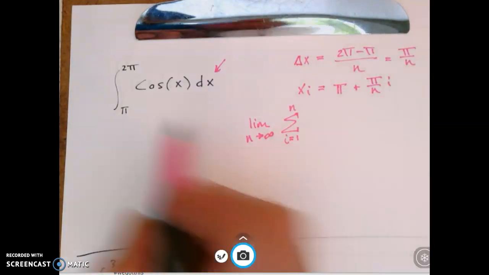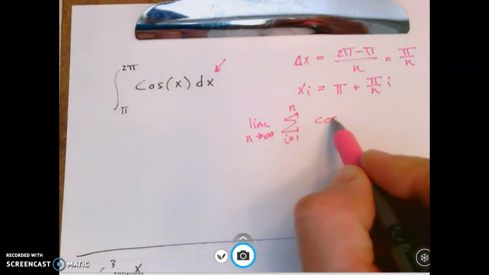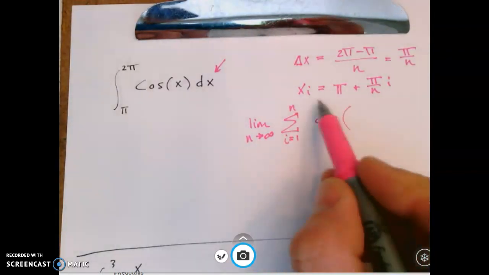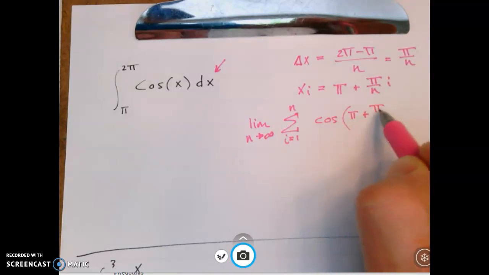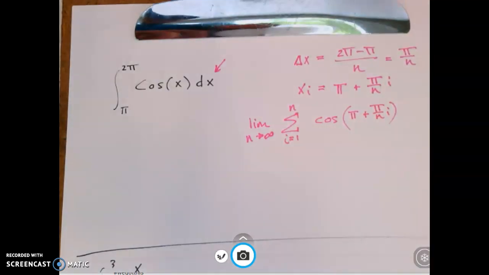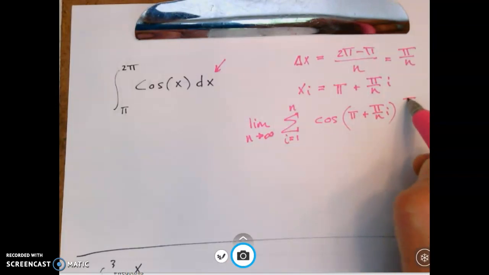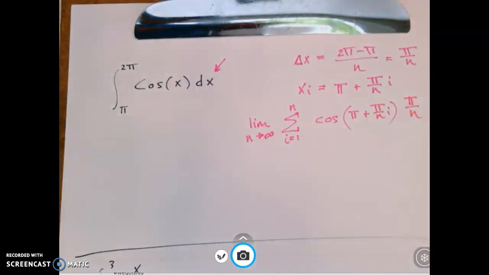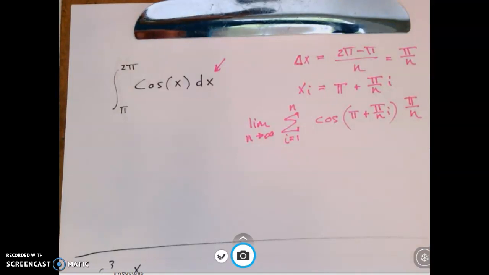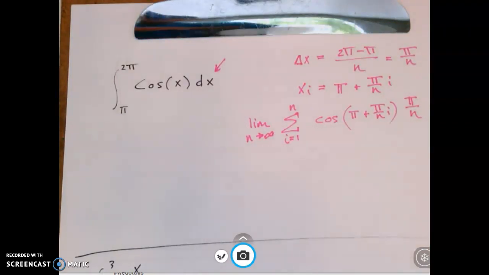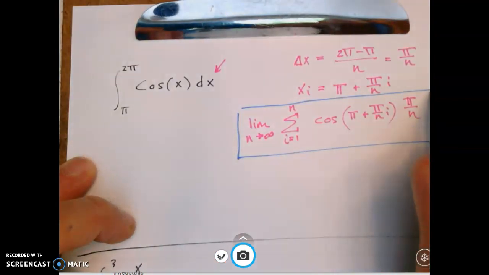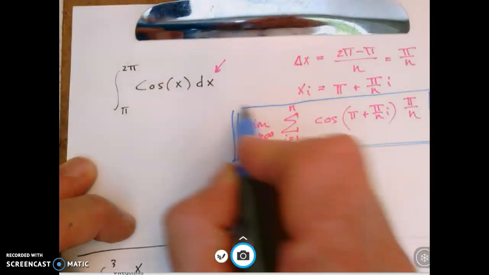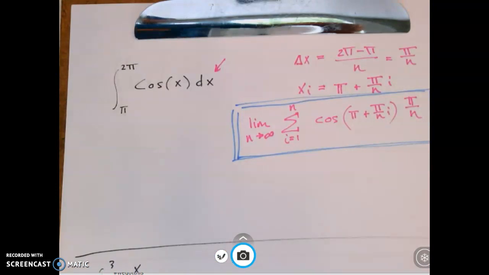Then we have our function, in this case cosine, and then our ith term, which is this thing right here: pi plus pi over n times i. Close that. All times delta x. And that is our solution. I'm looking for a nice blue color. There we are. That blue and pink really pop.